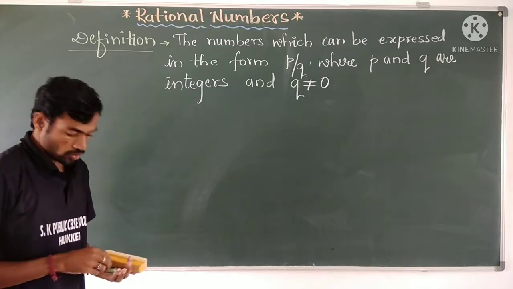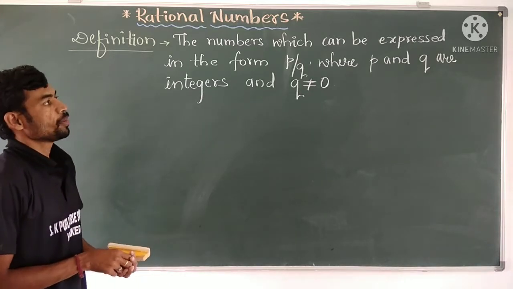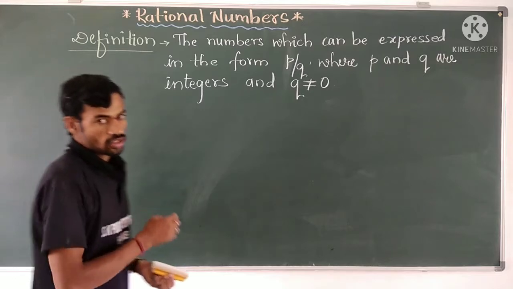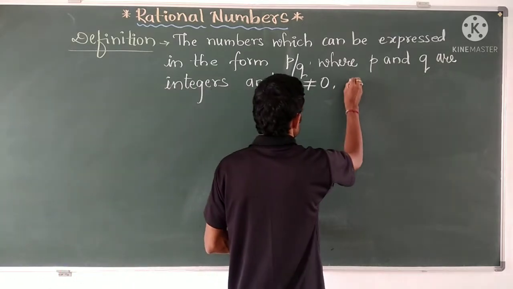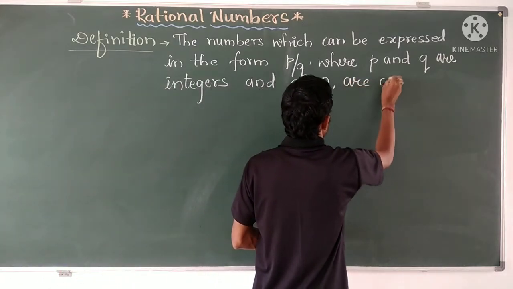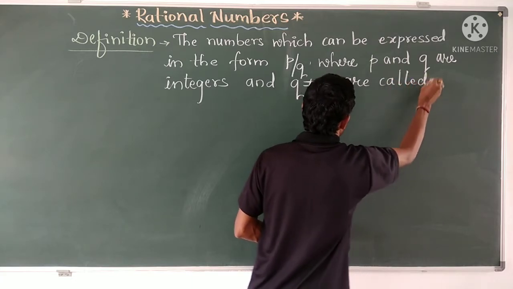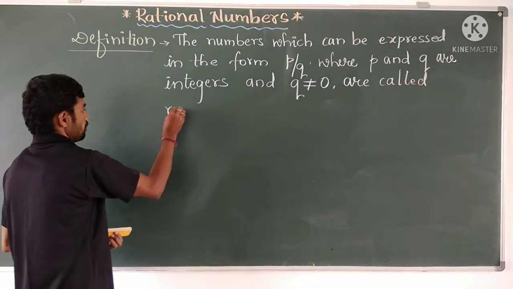Clear? Such types of numbers are called rational numbers.